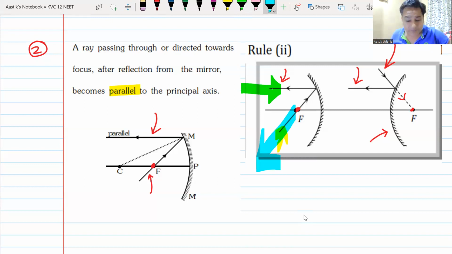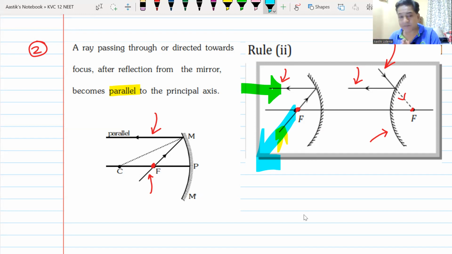If you draw that, that will be rule number 1. If you draw the reverse direction, that will be rule number 2. Do we understand this? You just have to reverse the direction. Rule number 1 becomes rule number 2, and rule number 2 becomes rule number 1.